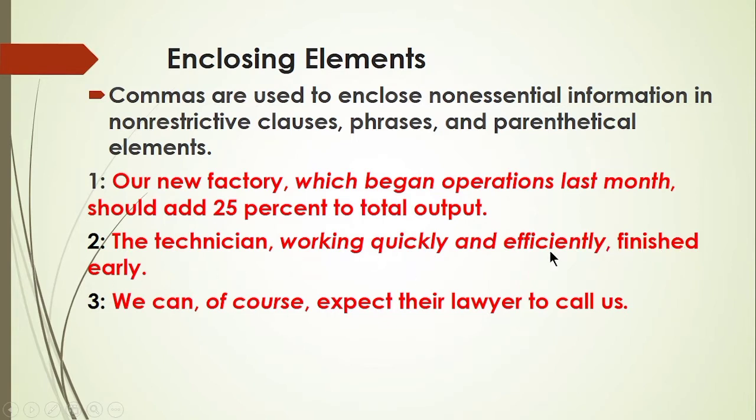Again, working quickly and efficiently is a phrase that is non-essential information. So before and after such phrase we put commas. We can, comma, of course, comma, expect their lawyer to call us. Again, this phrase, of course, is some kind of non-essential information. So we put commas before and after it.